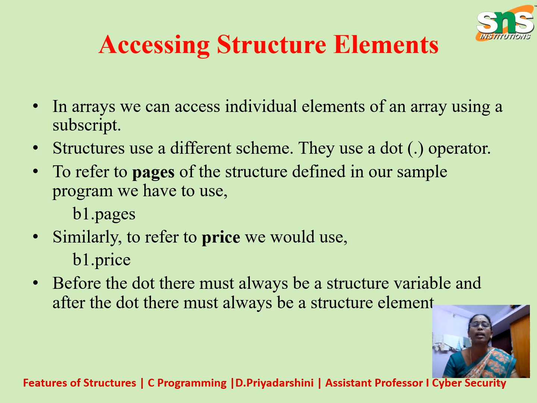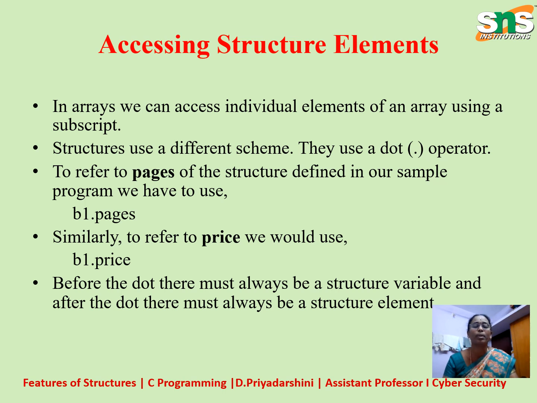Accessing the structure element. In an array, we can access the individual elements using a subscript, that is, the index value. But in the case of structures, we use a different scheme, the dot operator, to refer to the individual values in the structure variable.